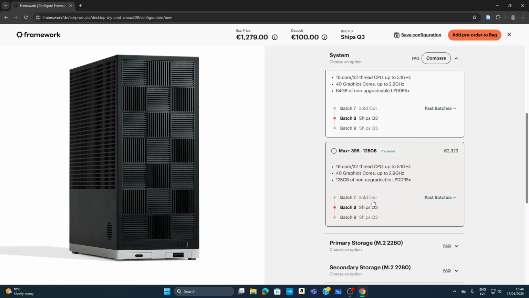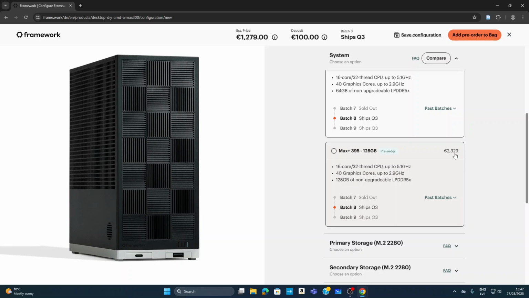So the idea is this machine, purely because of the way memory works on it. That's all it really is. So for 2,000, well, it used to be 2,000, now I guess it's 2,400 euros, you get this little machine, so you can run models up to about 90 billion parameters, roughly, right? 128 gigabytes, it's non-upgradable.